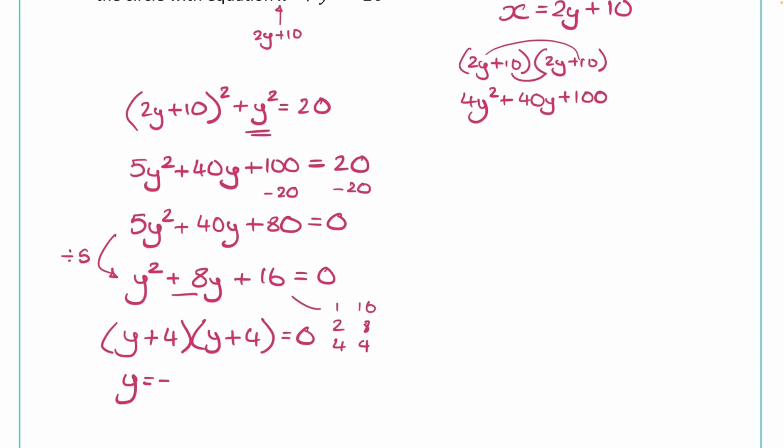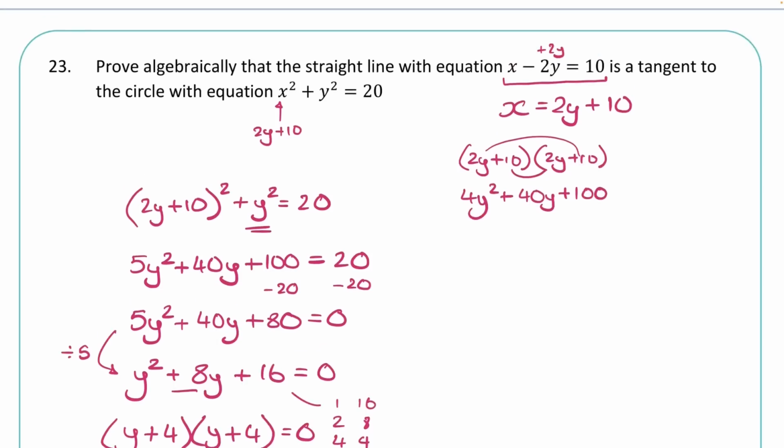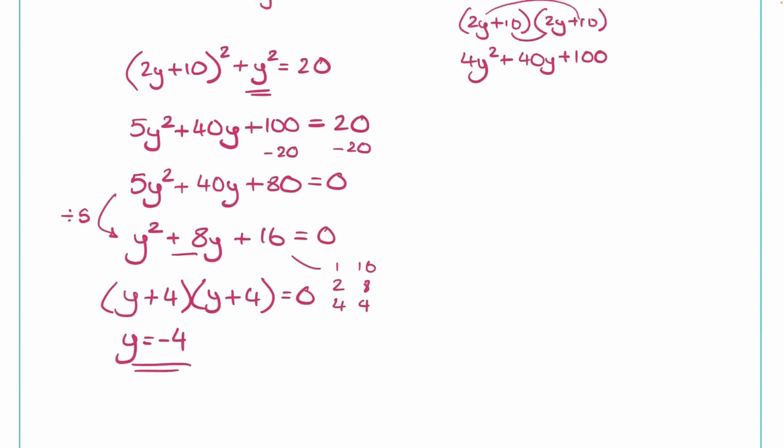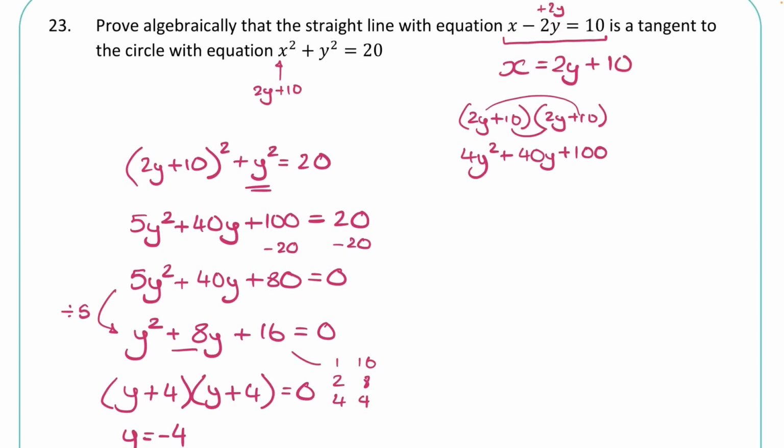That gives me one solution. Y is equal to negative 4. I'm not going to write it twice. We get the same solution for that second bracket. Now normally, of course, with a quadratic simultaneous equation, we would substitute that back into the x equals formula. So if x is equal to 2y plus 10, well, when y is equal to negative 4, we get x is equal to negative 8 plus 10, x is equal to positive 2.